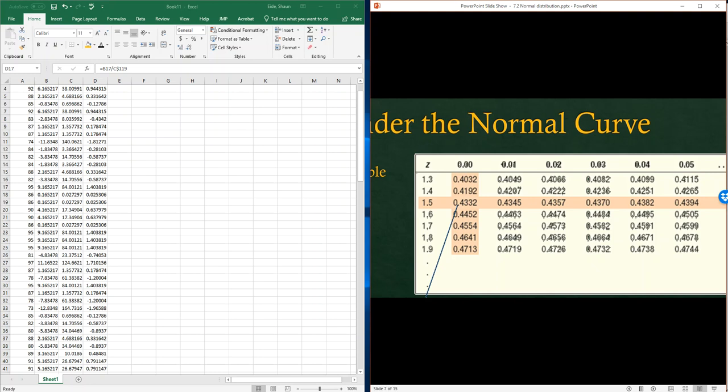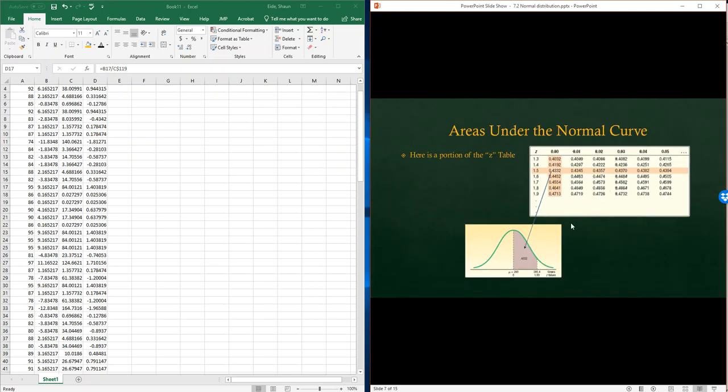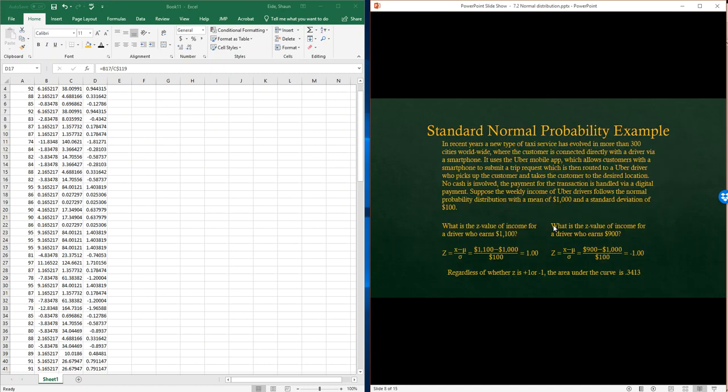You just got to really know what the table's saying. Okay, so when we say the shaded area, we're only talking about this area right here. So if I say what is the probability of an individual falling between these two numbers, you've got to be able to tell me what that is, and we'll do some exercises with that.